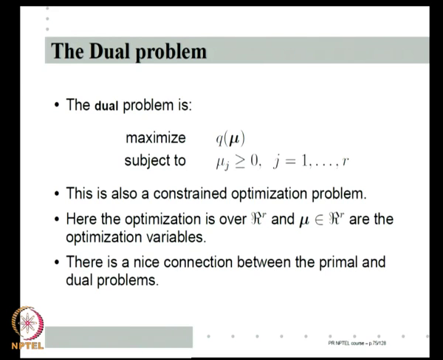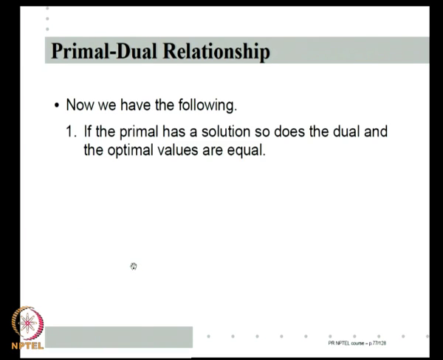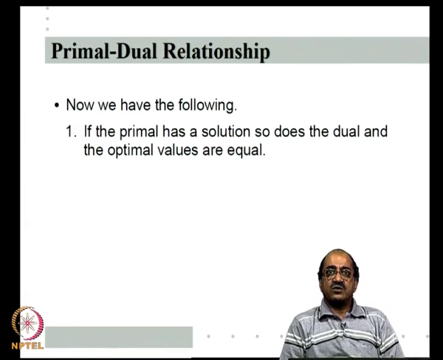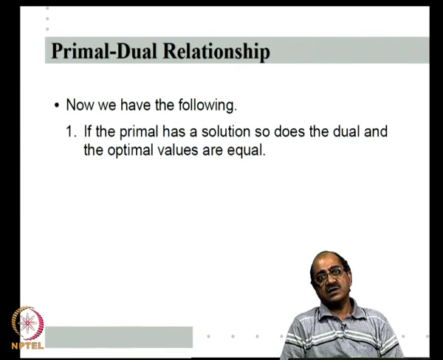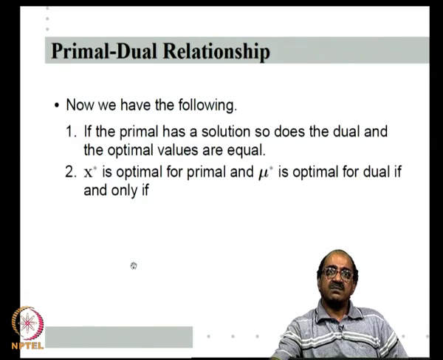And there are some very nice connections between the primal and the dual problems. What are the connections? If the primal problem has a solution, then the dual also has a solution and the two optimal values are the same. What does that mean?